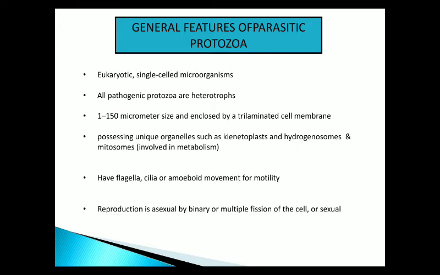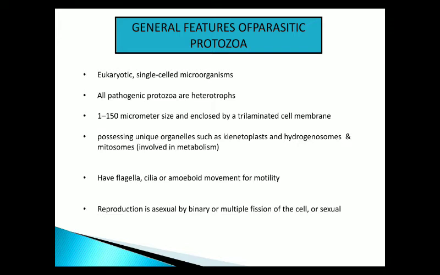Their cell size ranges from 1 to 150 micrometer and is enclosed by a trilaminated cell membrane. That means their cell membrane has triple layers, possessing unique organelles such as kinetoplast, hydrogenosome, mitosomes, and all these organelles are involved in their unique metabolism.